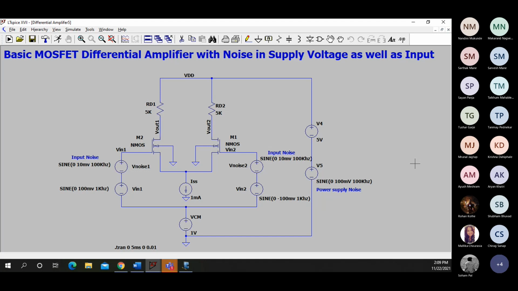So now you can see here there is a noise on the input as well as the output. Now both input and output are corrupted, but still their difference is not corrupted. Come on, build this circuit and post it in the chat box.